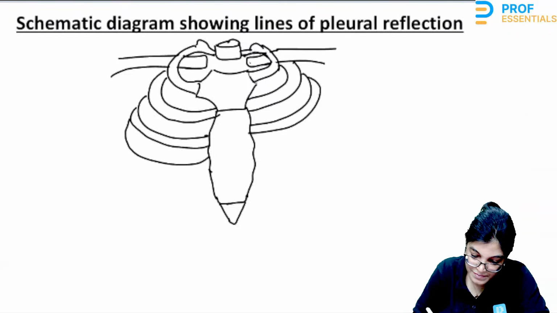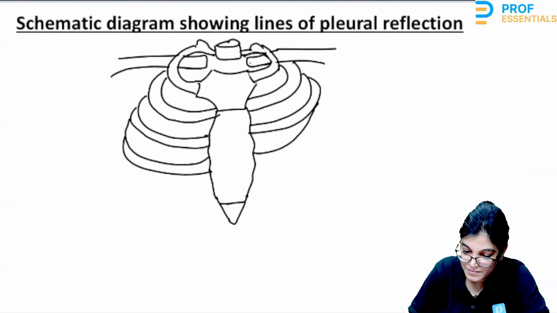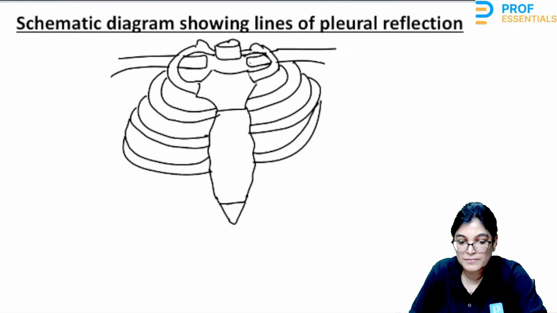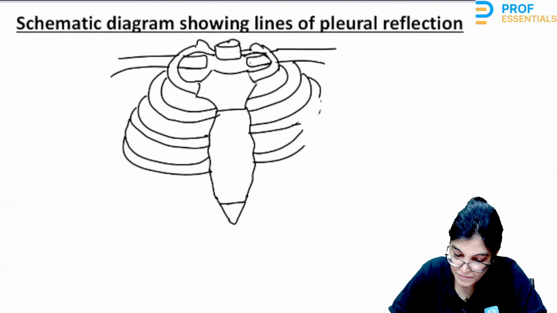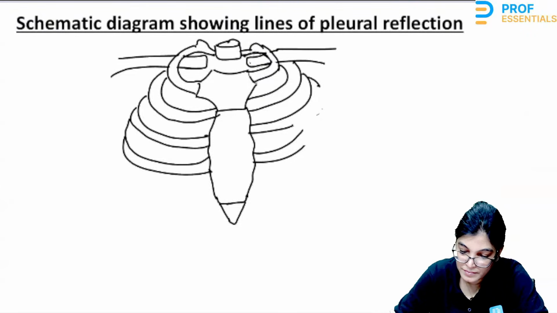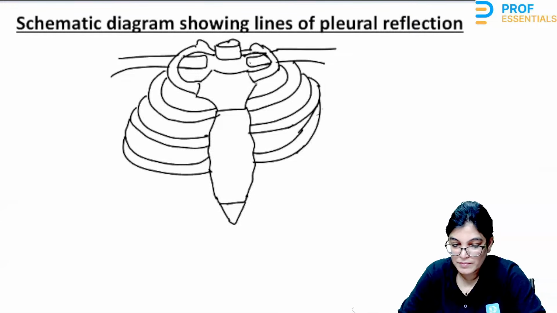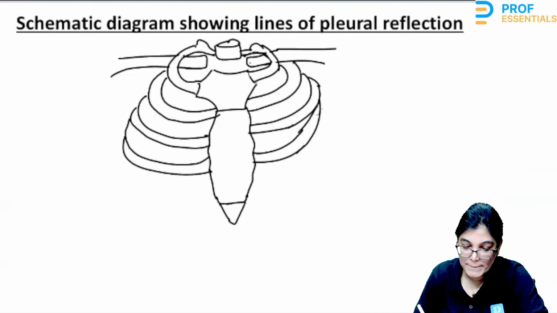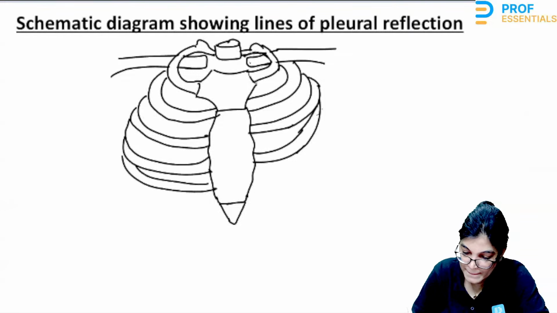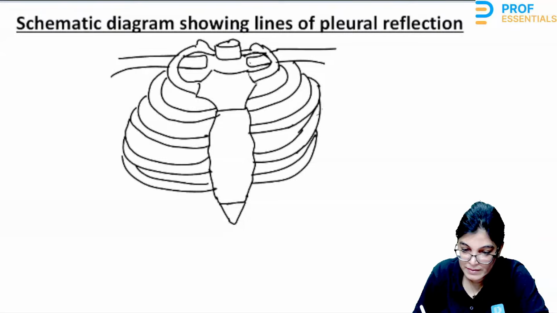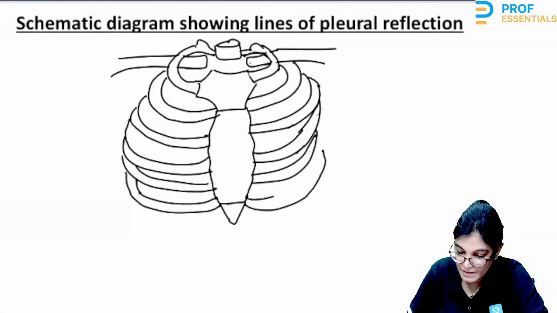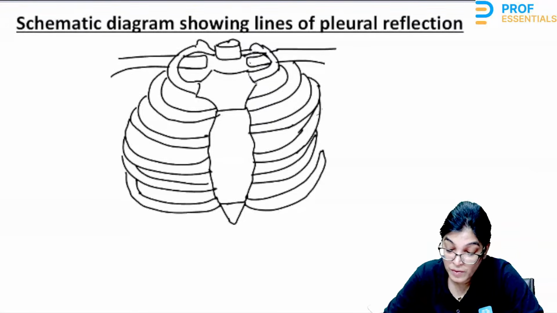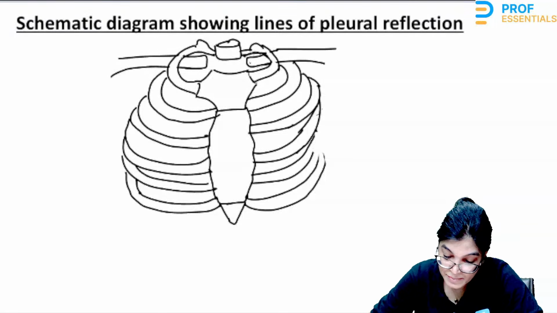Fourth rib. This is just an outline which I am making. This is a schematic diagram here.